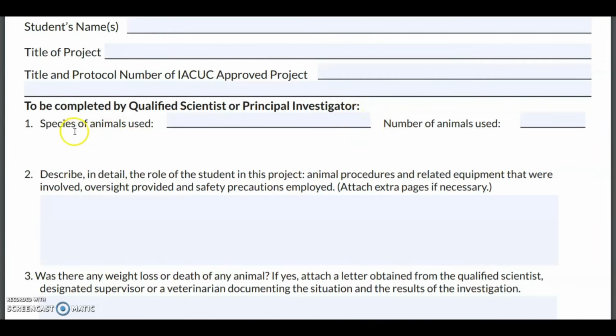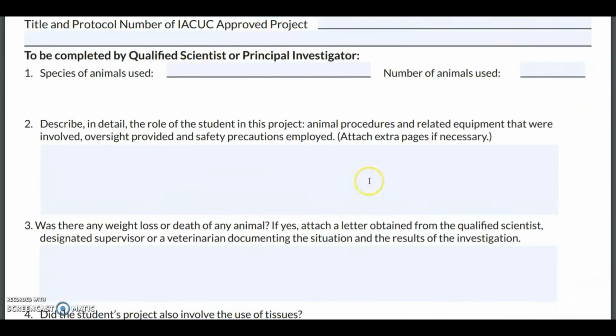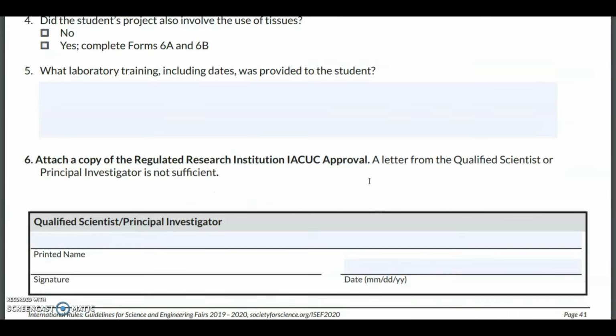It includes the species of animals used and the number of animals used. The role of the student in this project, animal procedures and related equipment that were involved, oversight provided, and safety precautions employed must be described in detail. Okay, and below, it should be completed by the qualified scientist and the principal investigator.